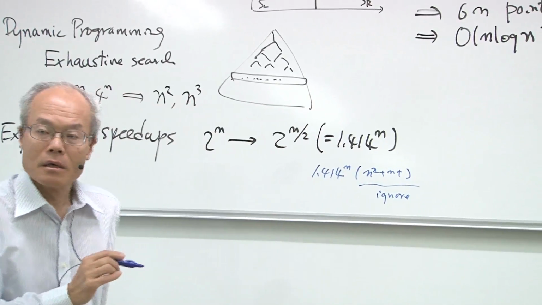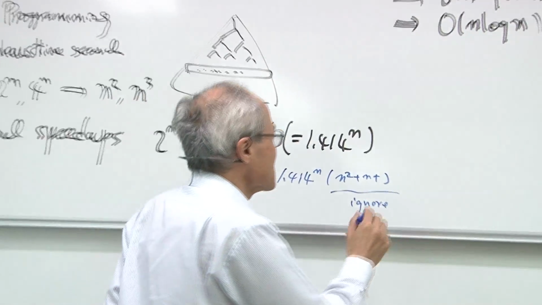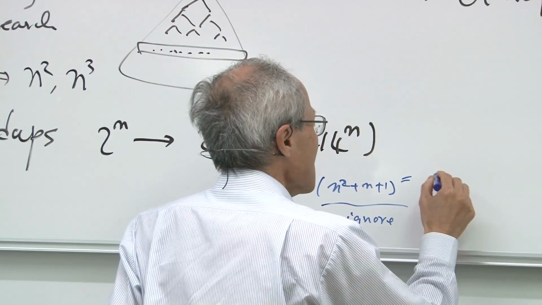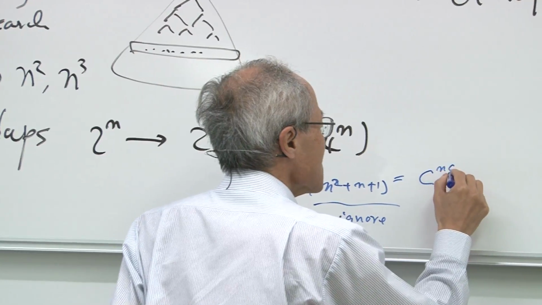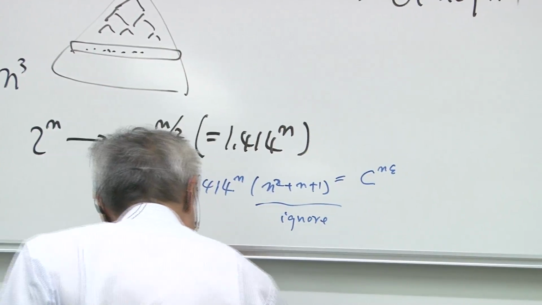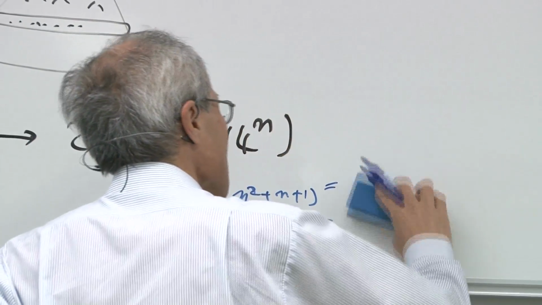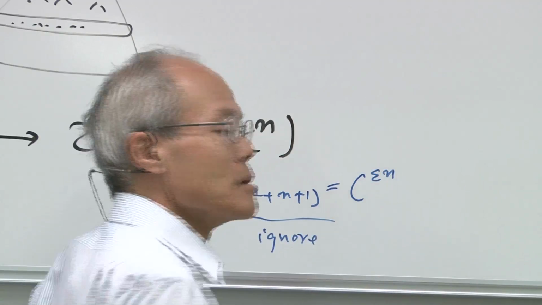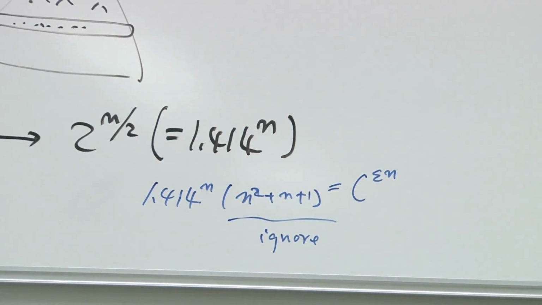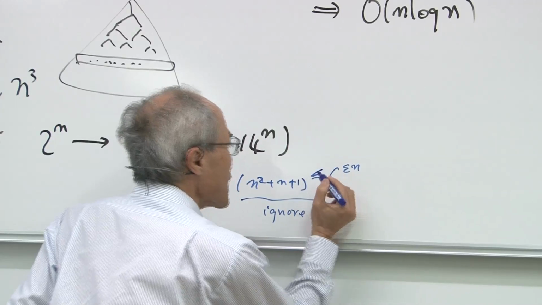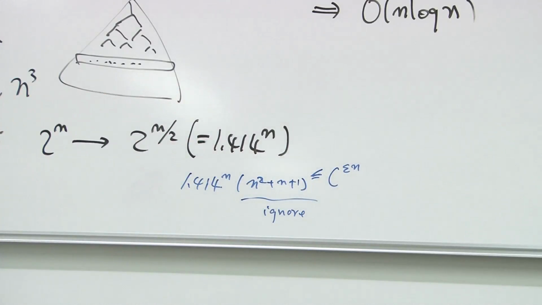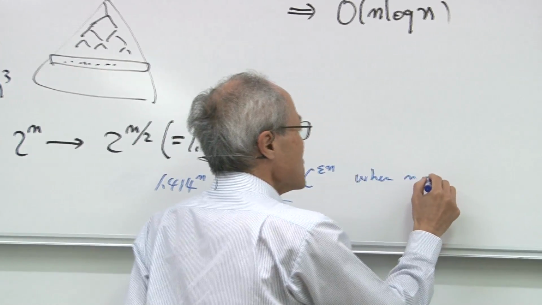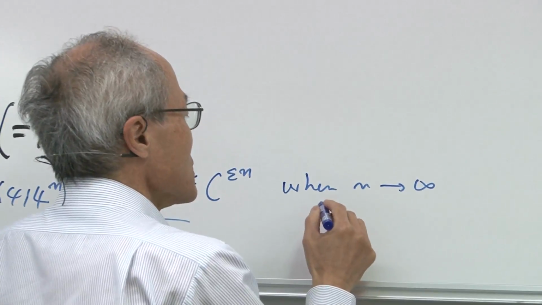Why? Because, as you see, this can be written as c to the epsilon n. I would say this is at most c to the epsilon n when n is large, asymptotically.